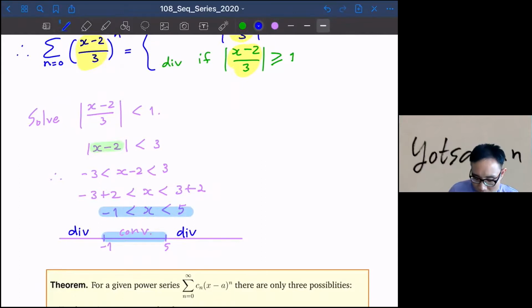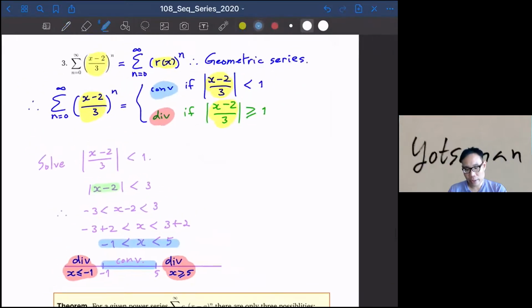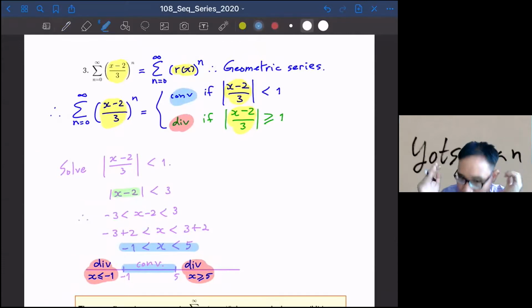When you have divergence, it means x is greater than or equal to 5, or x is smaller than negative 1. And when x is between negative 1 and 5, the series turns out to be convergent. Let me put the red color here. It's divergent outside and convergent in the middle. That is the place where the series turns out to be convergent or divergent.